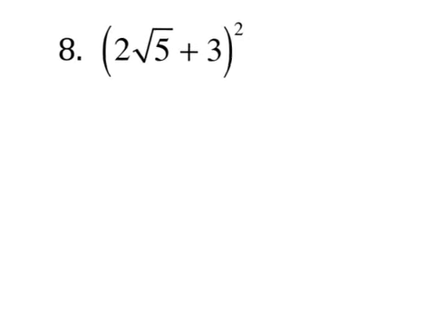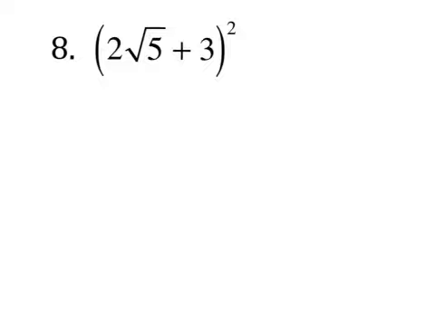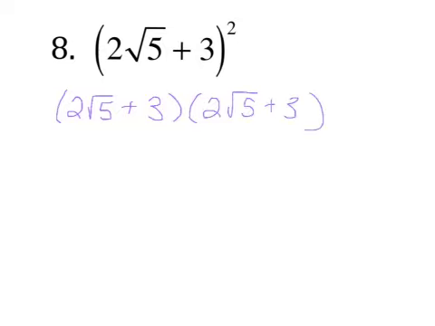Okay, last problem on this sheet. So for 2 root 5 plus 3 squared, first we need to write it twice and then FOIL. Okay, so when we FOIL, we need to do first.